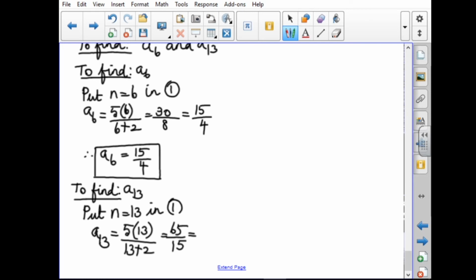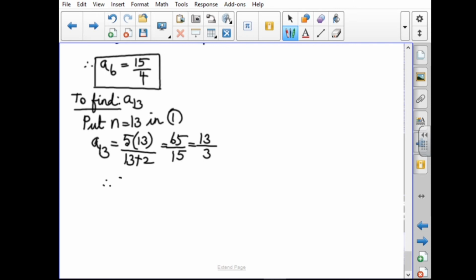Cancel in 5 table, that is 13 divided by 3. Therefore, a13 equals 13 by 3. Here the question tells which terms we have to find, so we find those terms only. Next one.